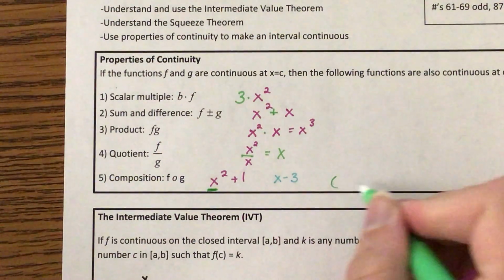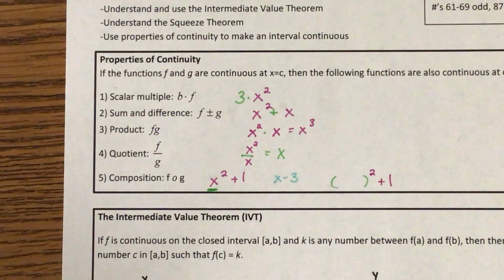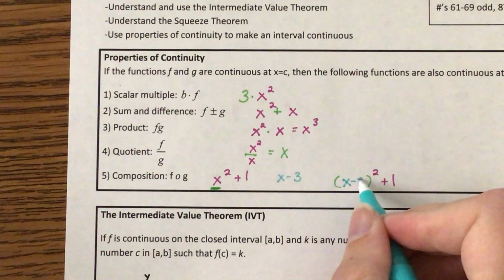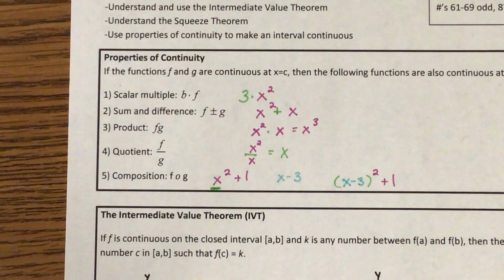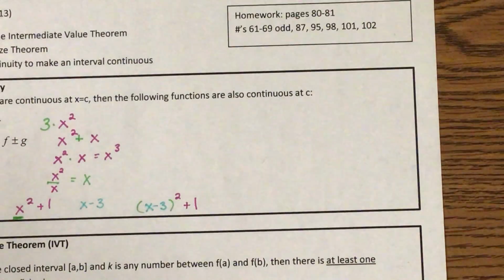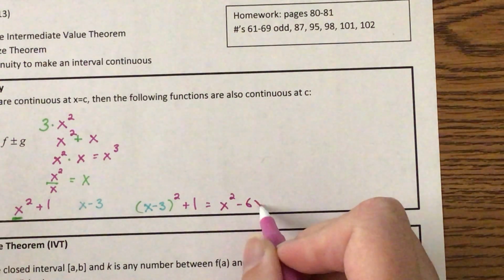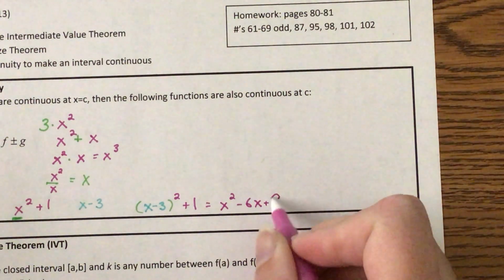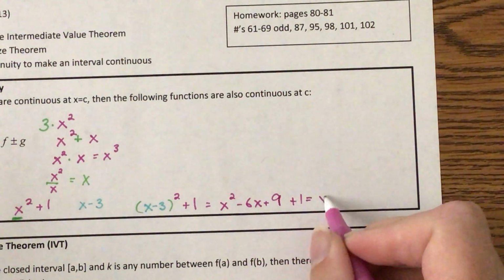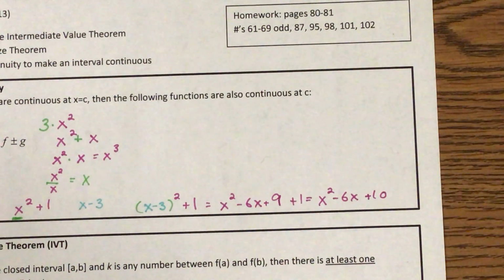We will do x squared plus 1, and inside of the parentheses, we'll put x minus 3. Okay. If we were to multiply out x minus 3 times x minus 3, we would end up with x squared minus 6x plus 9, and then plus the 1 off on the end, and this whole thing would turn into x squared minus 6x plus 10.